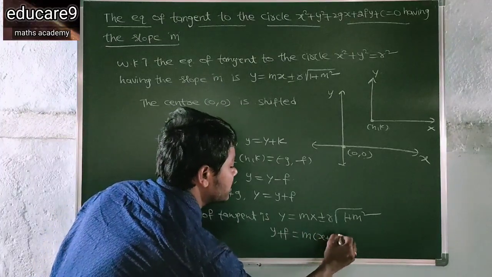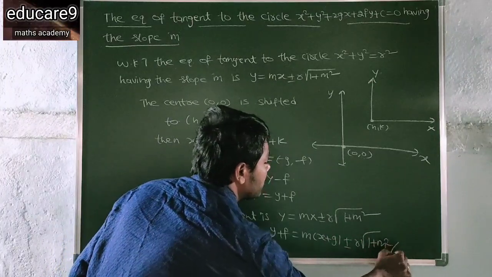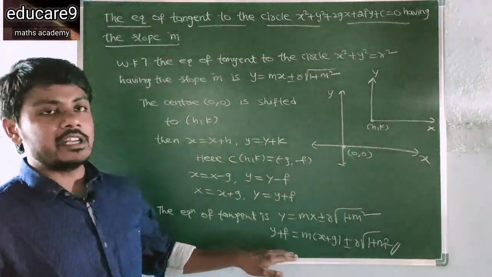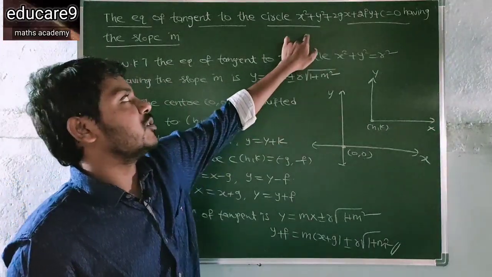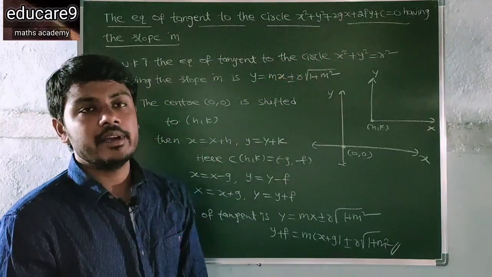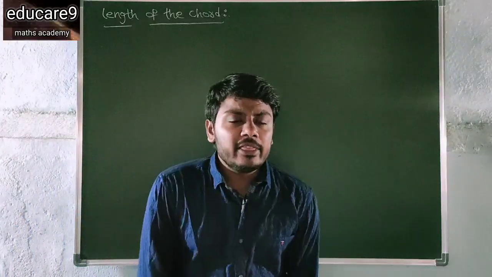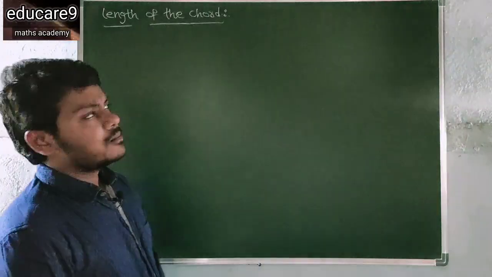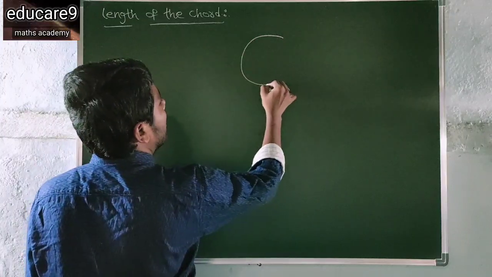That is x plus g plus or minus r into under root of 1 plus m square. So this equation represents the equation of the tangent with respect to the circle S equals 0 and having the slope m.